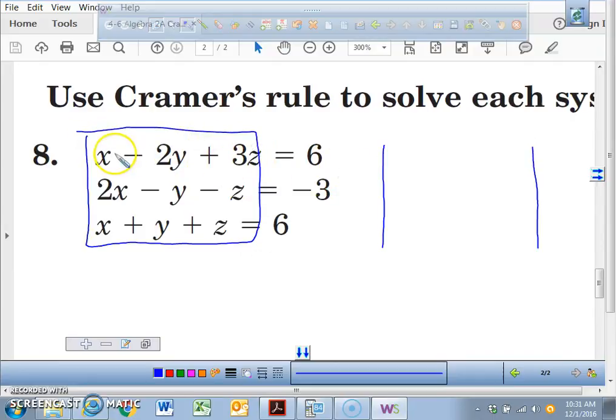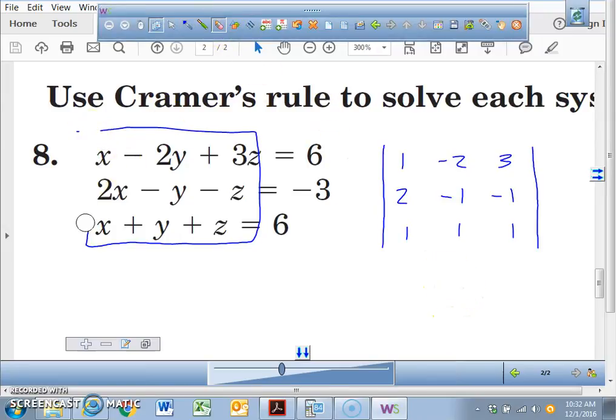The first row is going to be a 1, a -2, and a 3. The second row will be a 2, a -1, and a -1. And the last row will be easy, just a 1, a 1, and a 1. Once again, we're using the coefficients in this part of the problem.